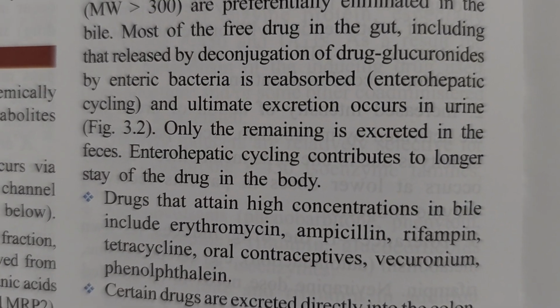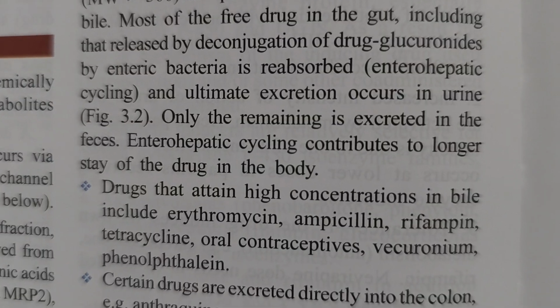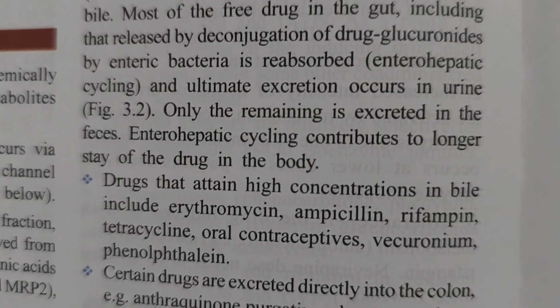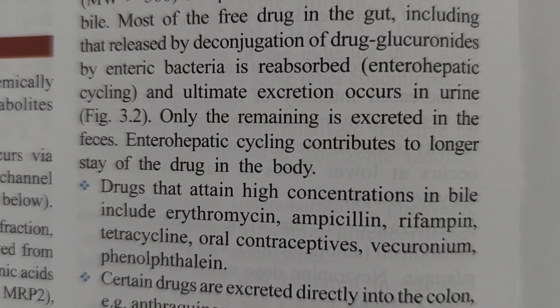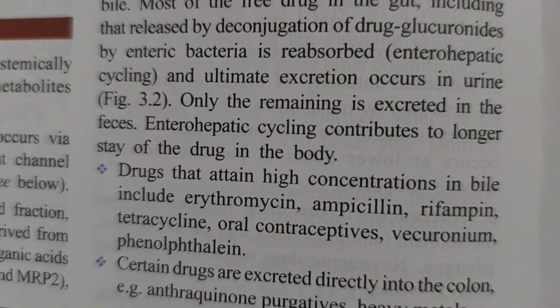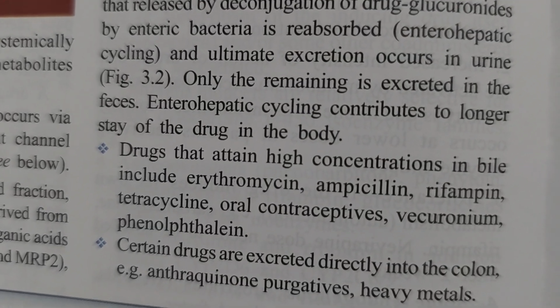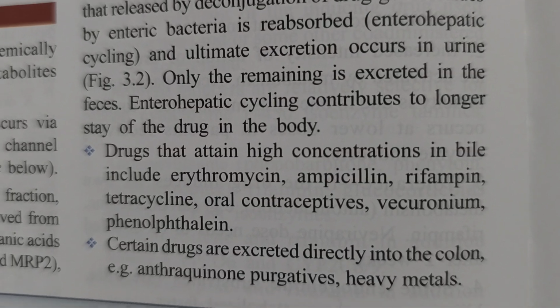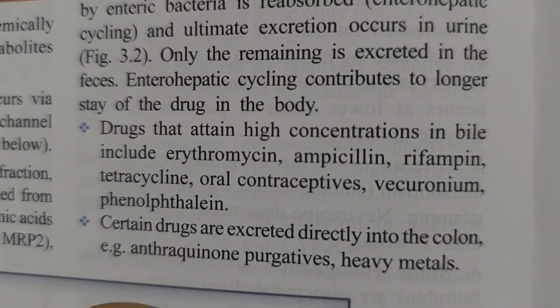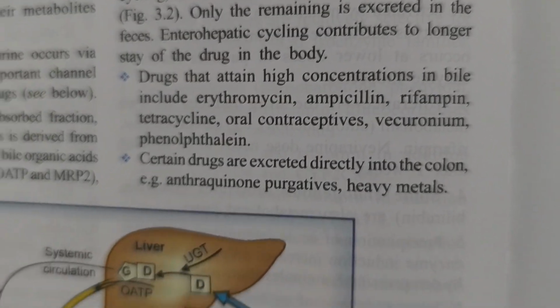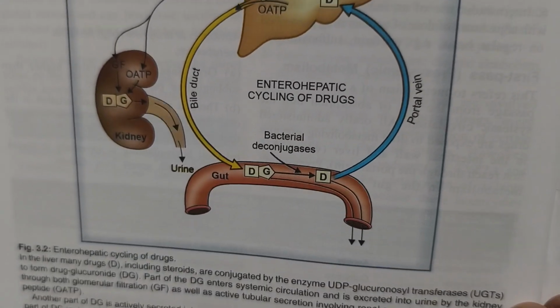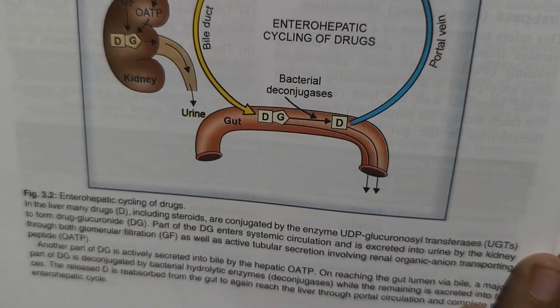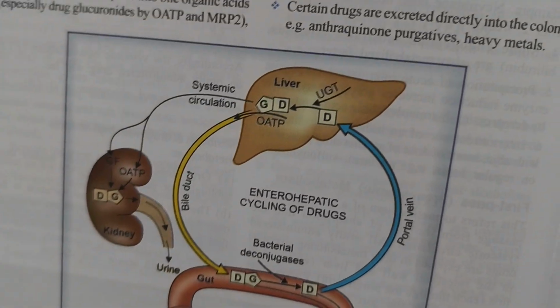Most of the free drug in the gut, including that released by deconjugation of drug glucuronides by enteric bacteria, is reabsorbed. Enterohepatic cycling and ultimate excretion occurs in the urine. Figure 3.2, enterohepatic cycling of the drug.